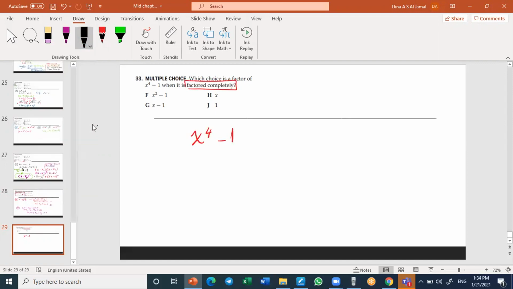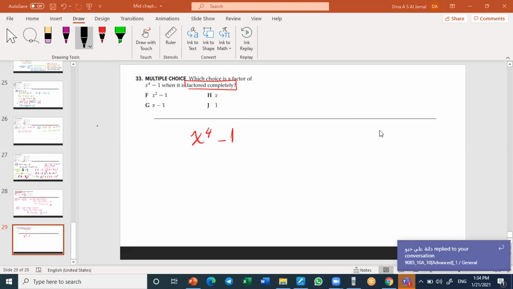How can you do this? First of all, pay attention that you are having a binomial and one of the terms is to the power 4, and the 1 is always, when you square it, when you do anything with it, staying as it is, which is the 1. Good. Now let's focus.